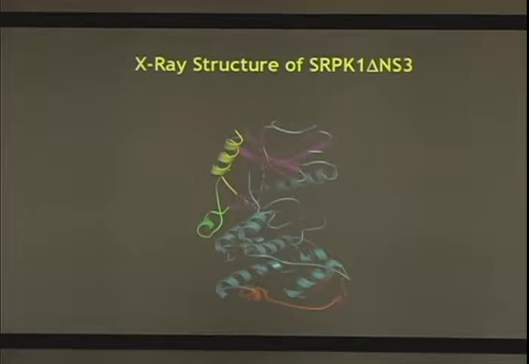We determined the structure of a constitutively active version of SRPK1. To get crystals, you have to remove most of the insert and leave a small portion, and we understand why we have to keep it. This green and yellow segment comes from this picture. Out of the 250 amino acids, we had to include roughly 40 or so.